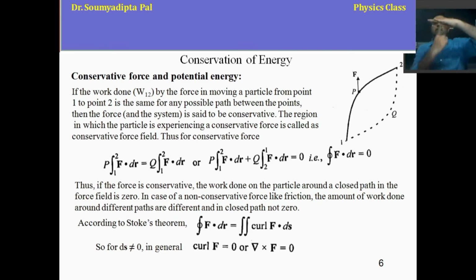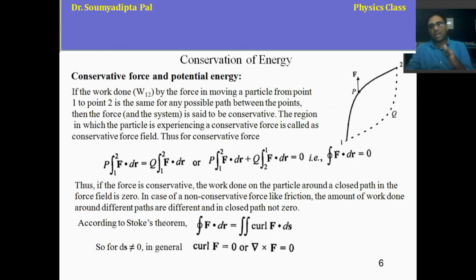Another direction can be the downward direction, and in general we say that the direction of the surface is the outward normal. So that's why ds is a vector quantity, and that's why we are doing this dot product. Curl of F direction can be like this, but ds direction is perpendicular, so there will be an angle between them.